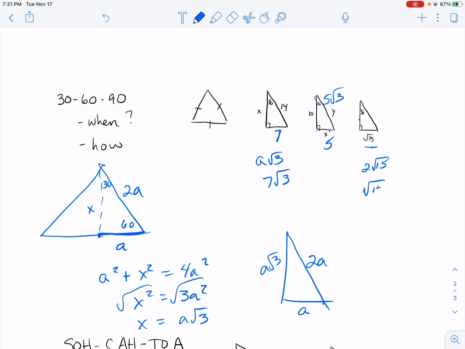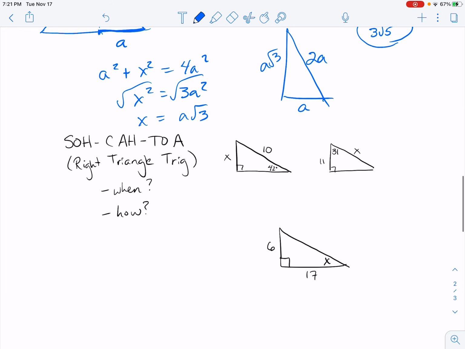Sorry, this is the hypotenuse. This is the long side. I said that wrong. It is the square root of 45, which is 9 times 5. Okay? And then you have all your sides. Know how to do that. Get good at them, because we're going to live on 45, 45, 90 triangles and 30, 60, 90s.